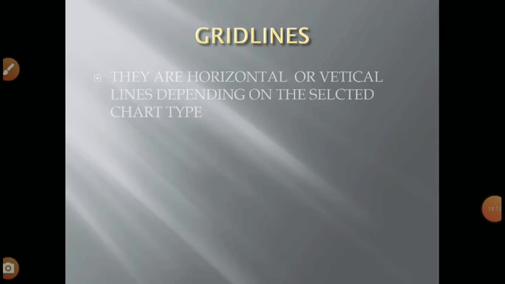Let us move to our next component, that is grid lines. Now what is grid line, class? Can anyone tell me? Yes, you all are right. They are horizontal or vertical lines depending on the selected chart type.